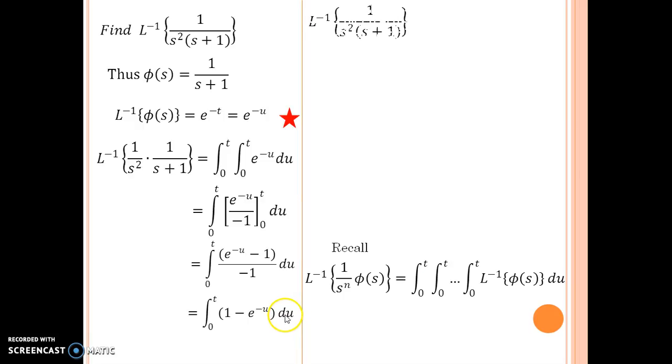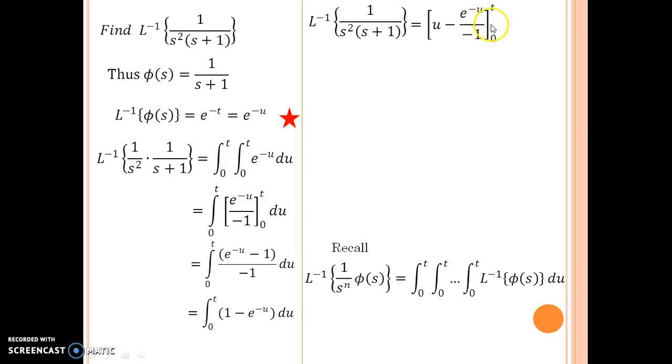Okay, now when you integrate with respect to u, you get u minus e to the power minus u divided by minus 1, and the limits are from 0 to t.